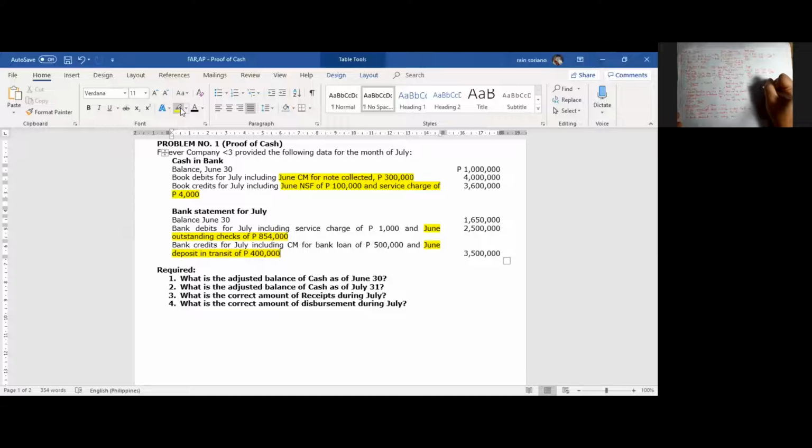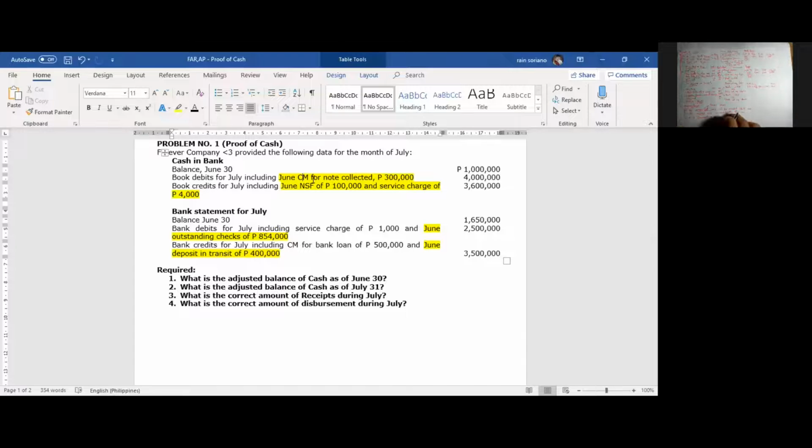That's 4 million minus or less all items not representing deposits. Punta ka sa book debits. Yung credit memo for note collected, hindi po yan deposits. Tama ba? So, ibig sabihin, tatanggalin natin yung 300,000.